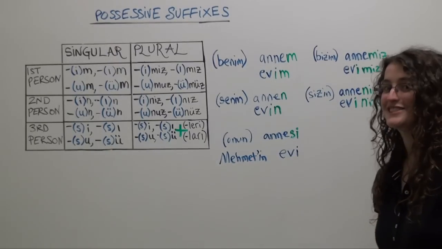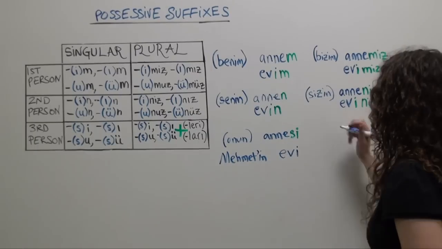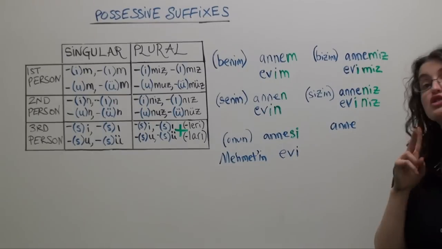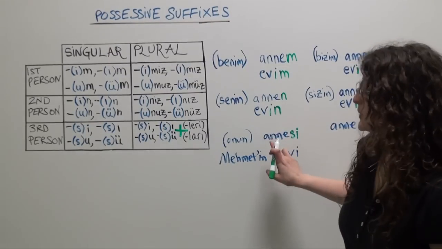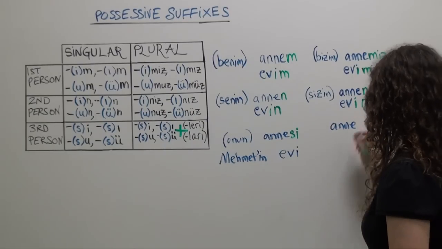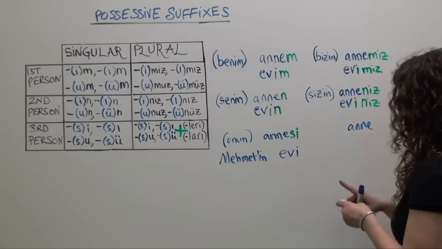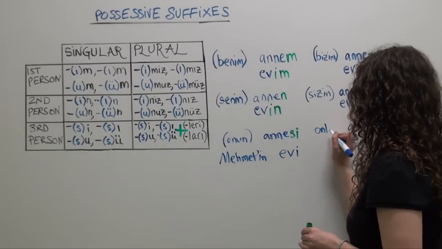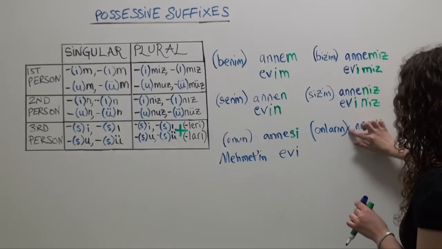Okay, now we're going on to the third person plural. If you want to say their mother, you're going to start with anne again. And now you have two choices. You can either do exactly what we did over here with the third person singular and say anne, move this over, and say annesi, so onların annesi, their mother.